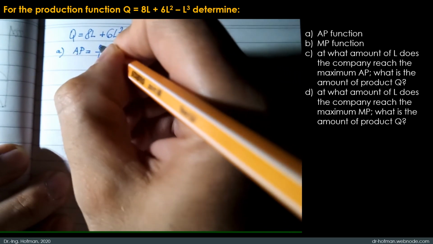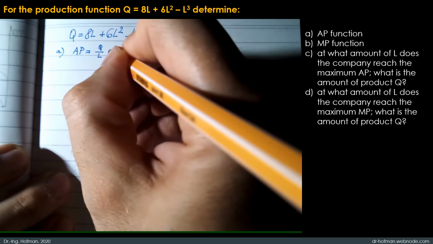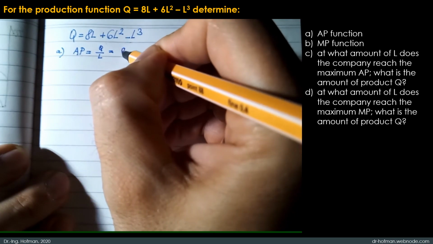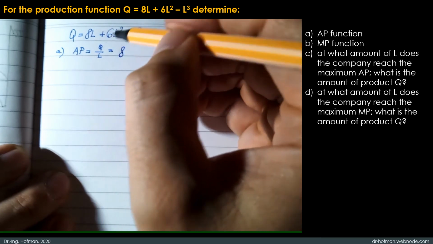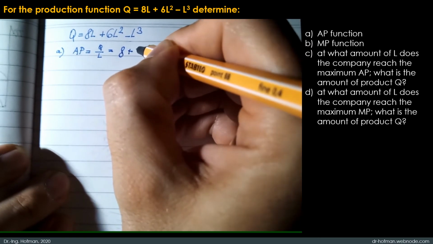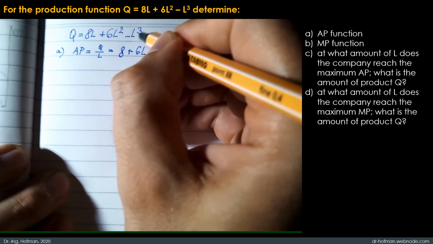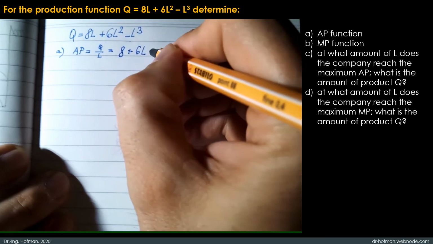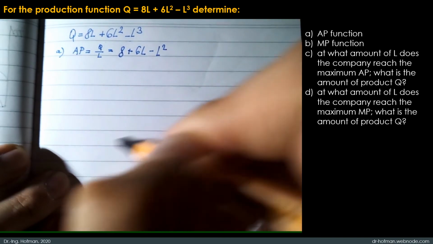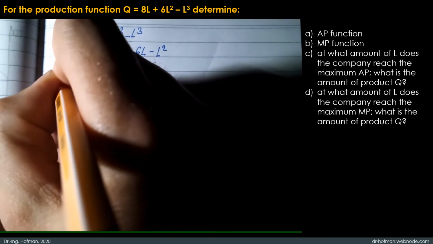We know the expression for calculation of AP, it's Q over L. So 8L divided by L is 8, 6L squared divided by L is 6L, and minus L cubed divided by L is L squared.